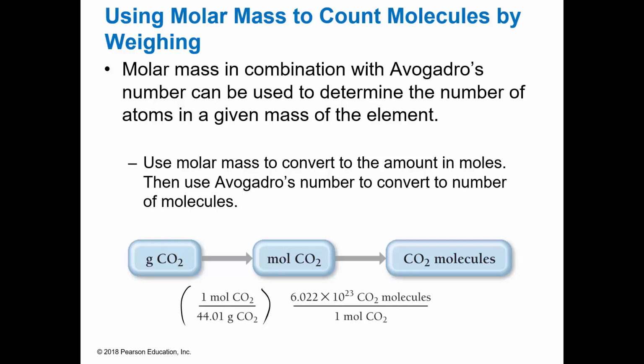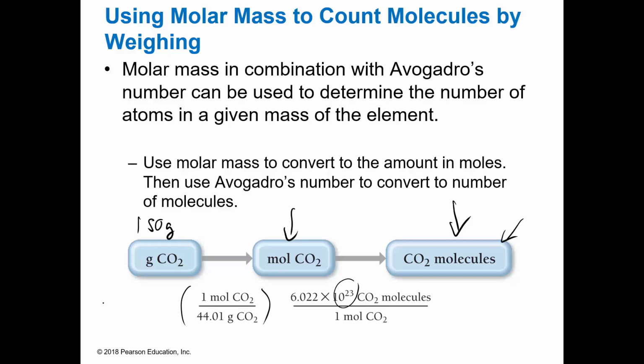And so then you can take the grams, if you have 12 grams of carbon dioxide or 150 grams of carbon dioxide, right? So let's say you have 150 grams of carbon dioxide and you want to figure out the number of molecules. This is a two-step conversion. First you go from grams to moles, and then from moles to molecules by using Avogadro's number. So 1 mole of anything we'll have 6.022 times 10 to the 23 molecules or atoms, whatever it is.